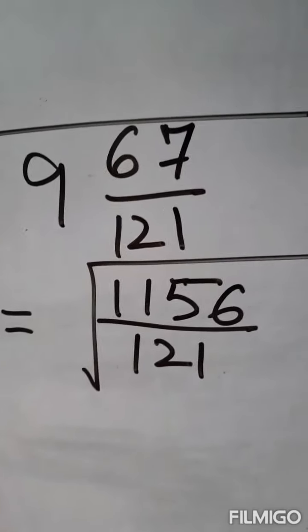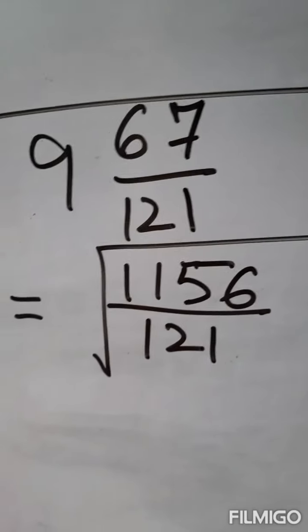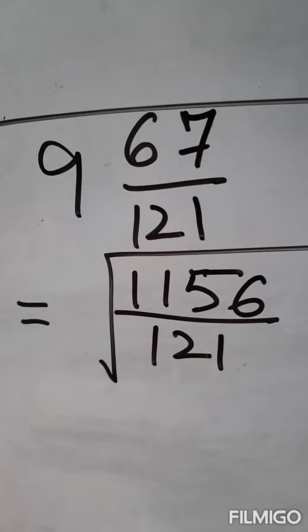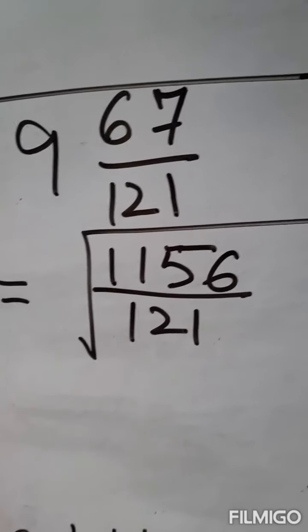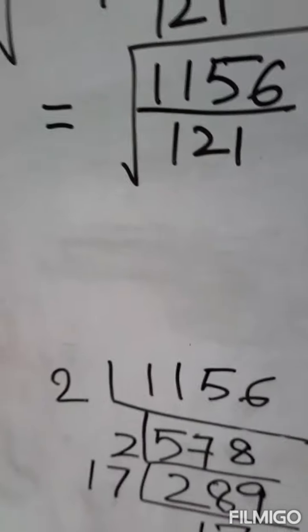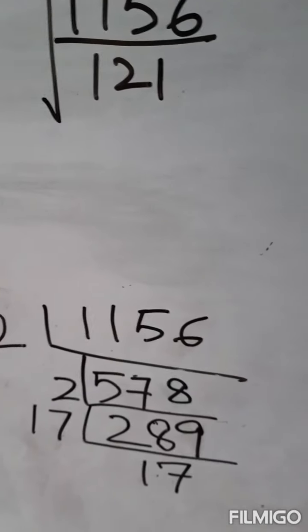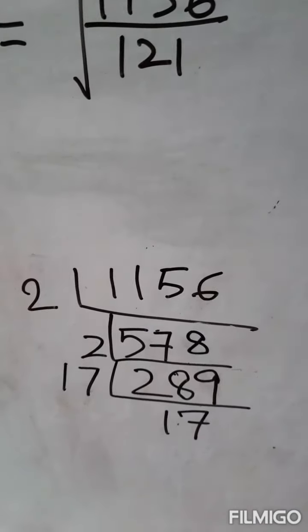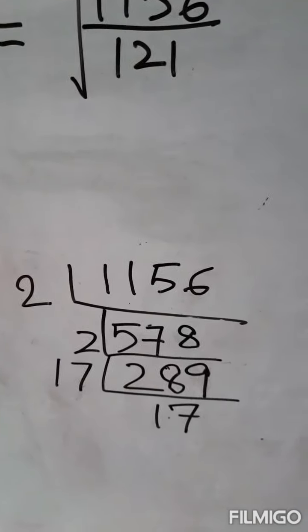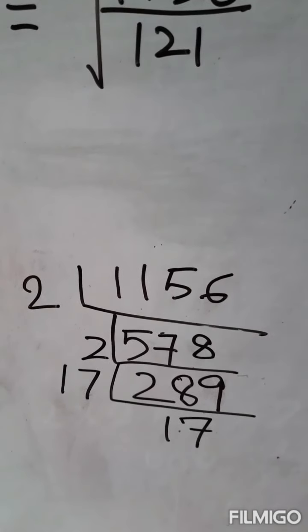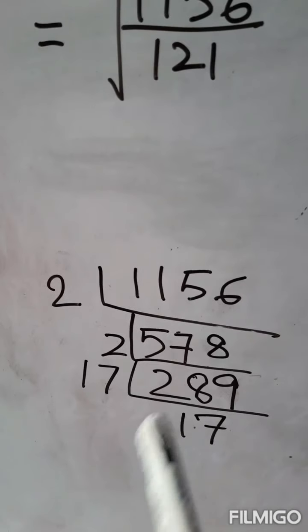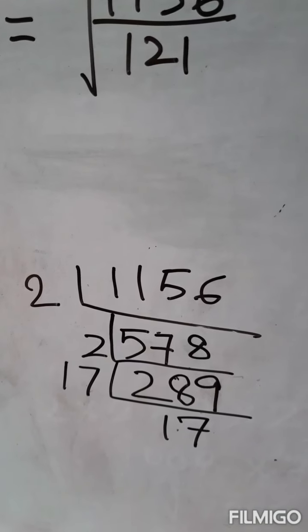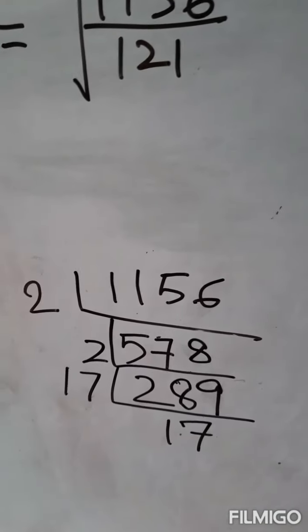So we are going to find the square root of 1156 by the prime factorization method. Once we solve it by prime factorization, we get 2 2s and 2 17s. So 17 into 17 is 289 and 2 into 2 is 4.